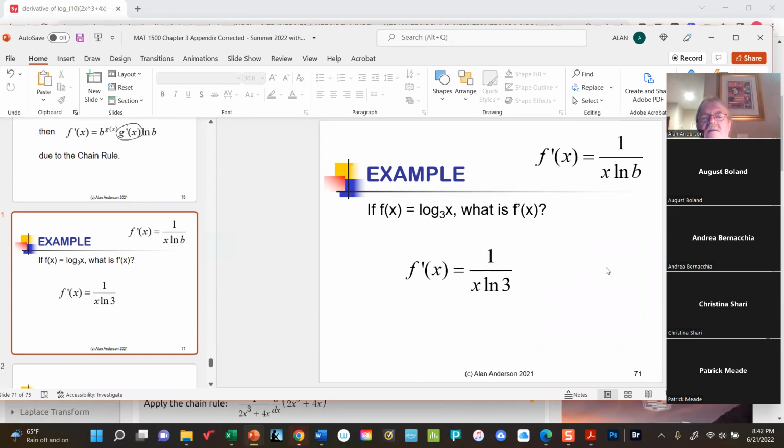So if f of x is log b of x, then the derivative is 1 over x log b. So here b is 3. So we just end up with 1 over x log 3. Very good.